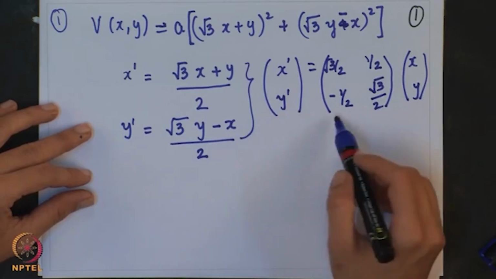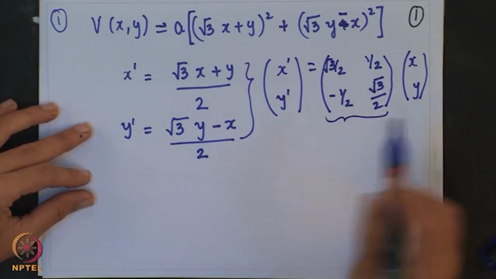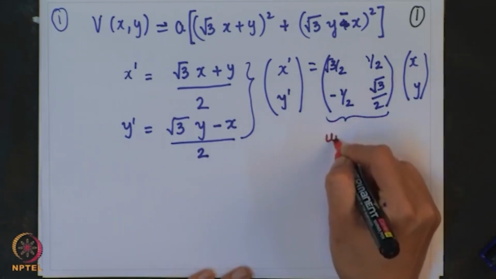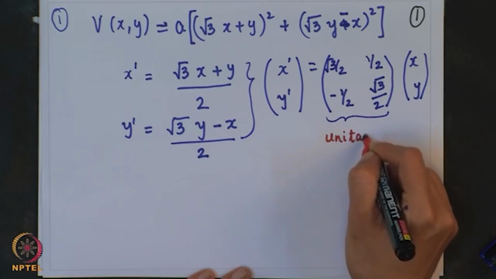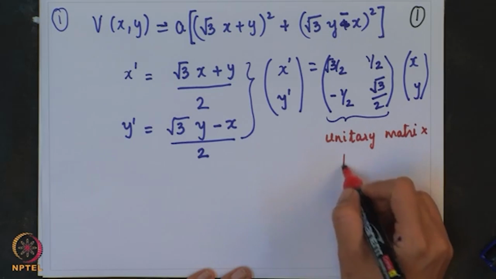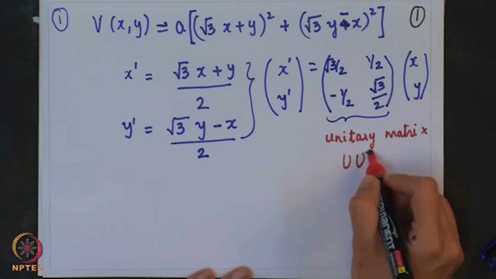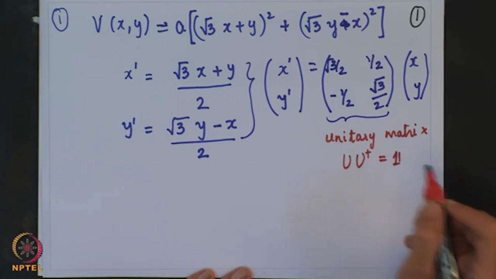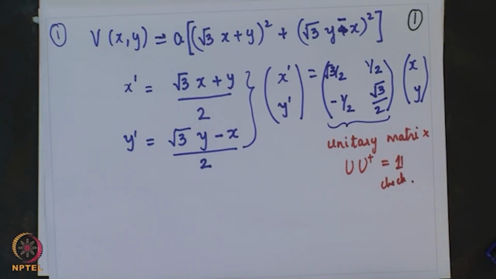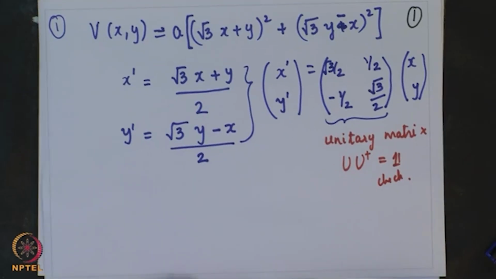So, this is a unitary matrix, you can see, and you can also check that U dagger U is 1. Okay. So, this is a unitary matrix.